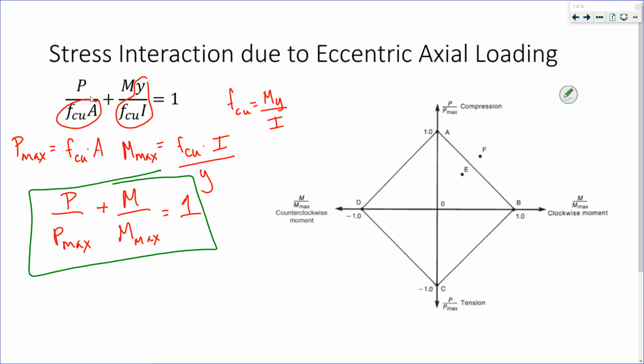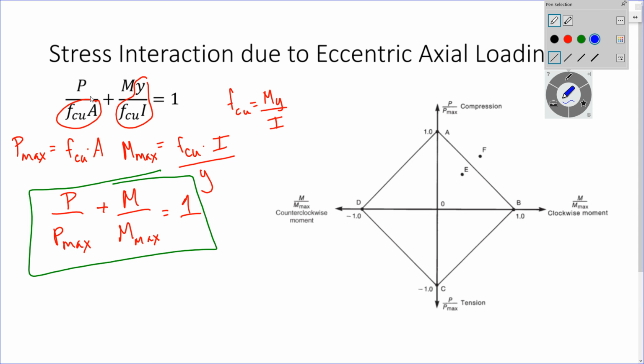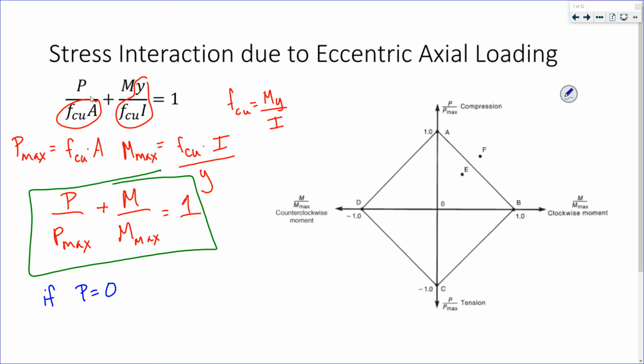So let's see, if P equals 0, then I will have pure bending. If I look along this equation, so this is an interaction diagram, okay?